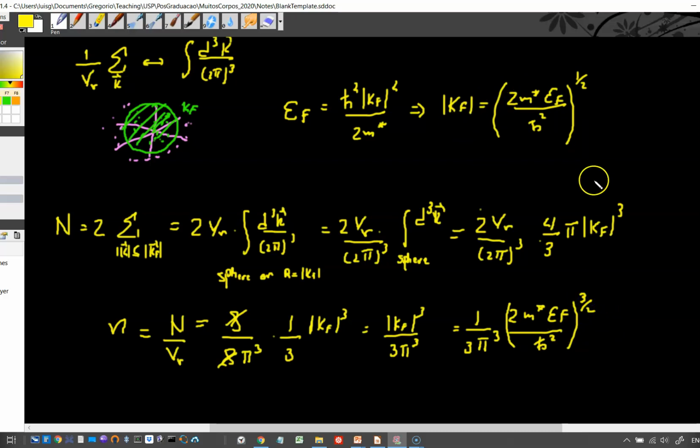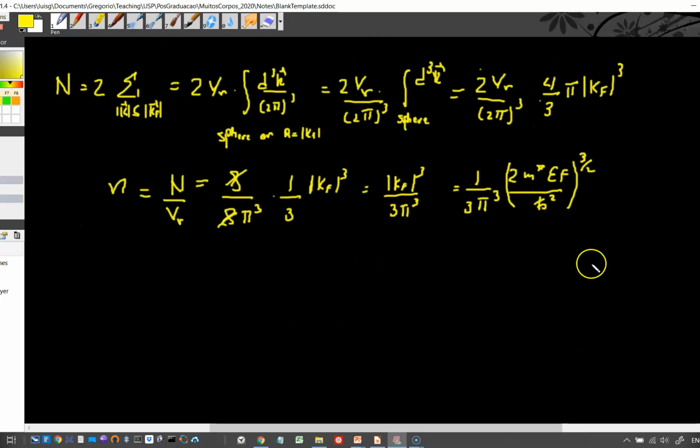This cubed. Okay, now we're getting to something here. So I'm going to now isolate the Fermi energy here and try to write it in terms of the density. This is the density right there. All right, so let's continue.